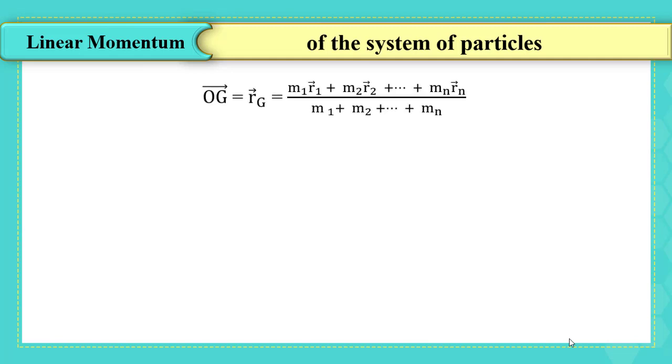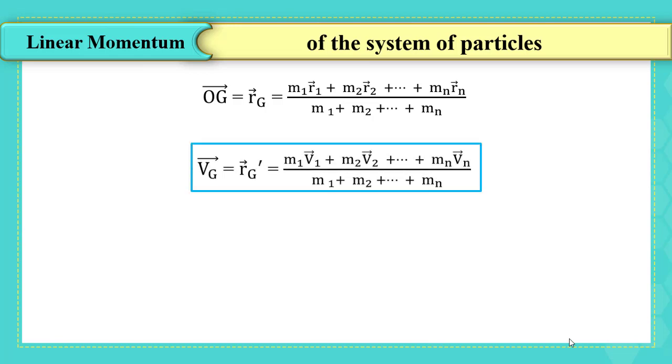Whereas for any system, there is a center of mass of position vector r vector g equals m1 r1 plus m2 r2 etc. over the total mass, as we have mentioned at the beginning of the video. So its velocity vector is expressed as m1 v1 plus m2 v2 etc. over the total mass.